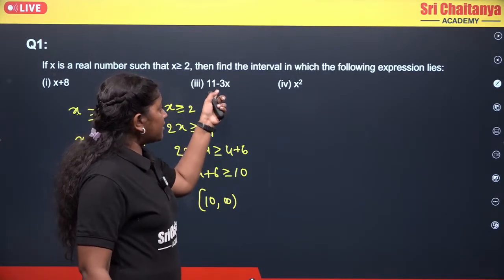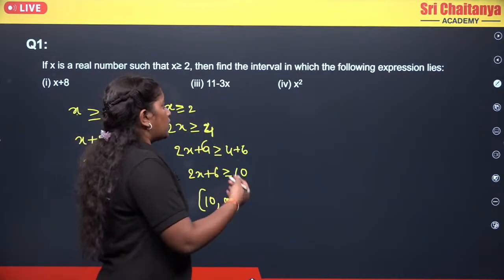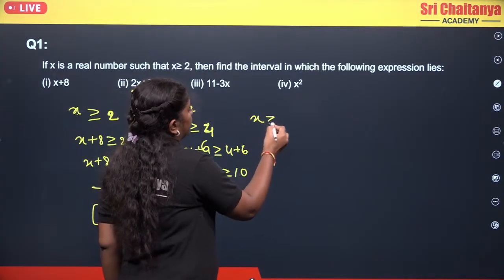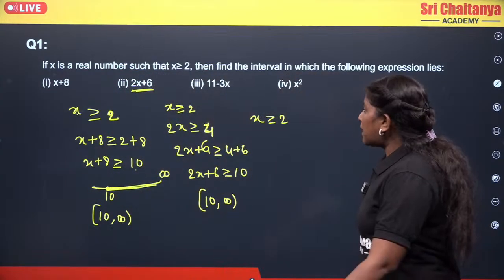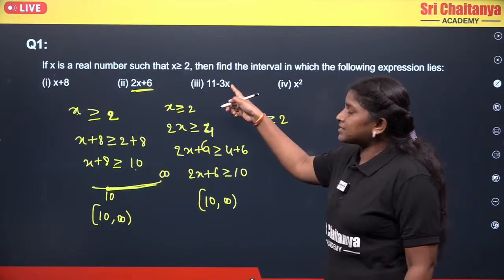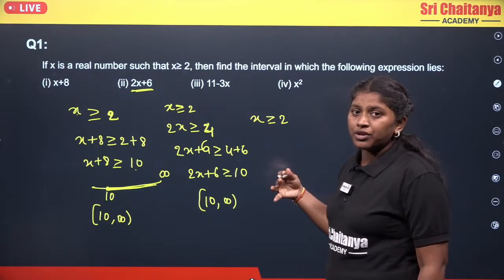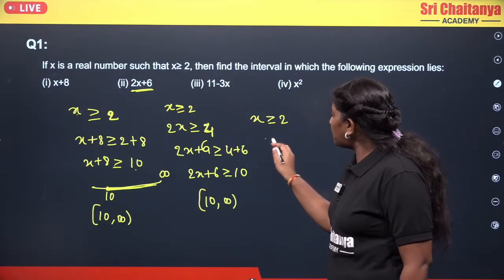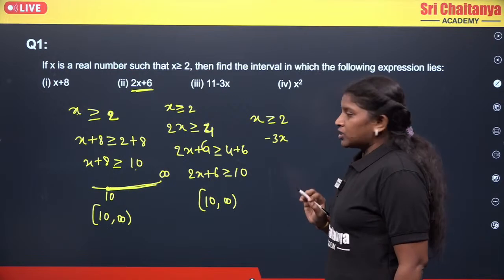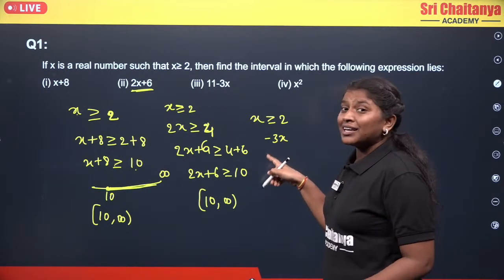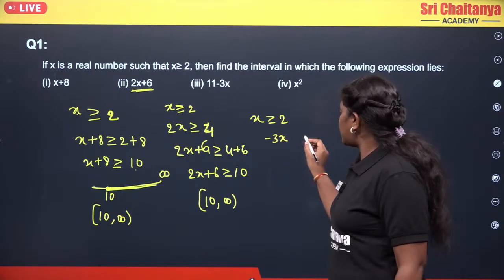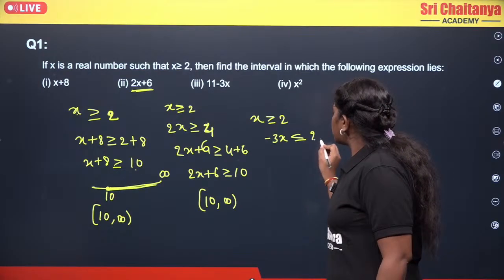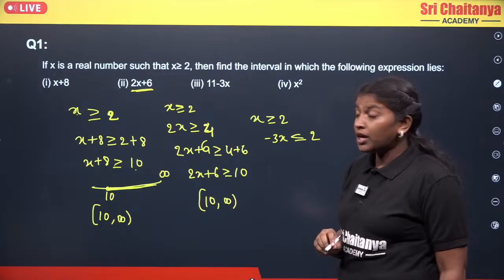Now moving to the next, 11 minus 3x. We take x greater than or equal to 2. Now I need minus 3x, so how can we do that? We need to multiply with minus 3. I am multiplying with the negative, so whatever we have here, greater than or equal to, becomes less than or equal to, minus 6.